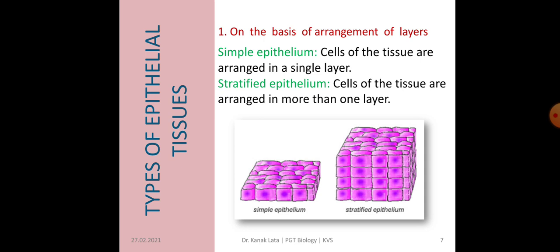And when the cells of tissues are arranged in more than one layer, it is called stratified epithelium. So what is the difference? In case of simple, it is a single layer, and in case of stratified, it is more than one layer. Here in the figure, you can see that simple epithelium has one layer and stratified epithelium has more than one layer.